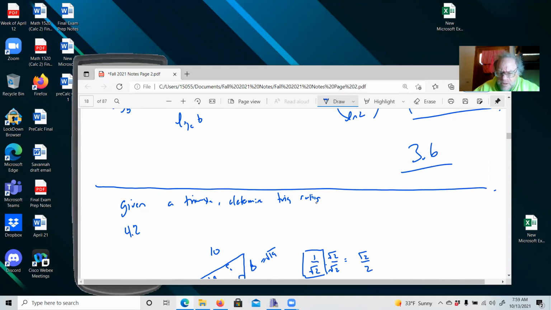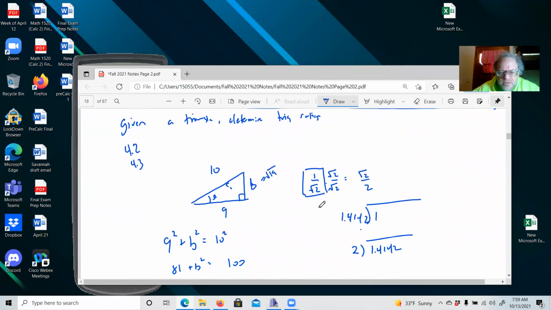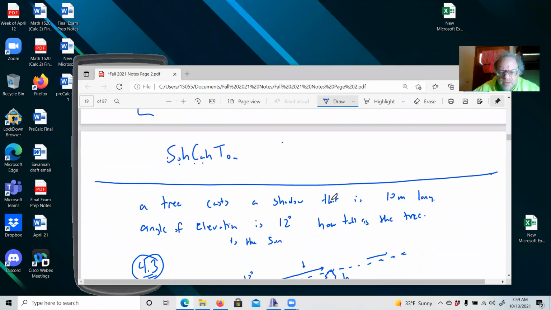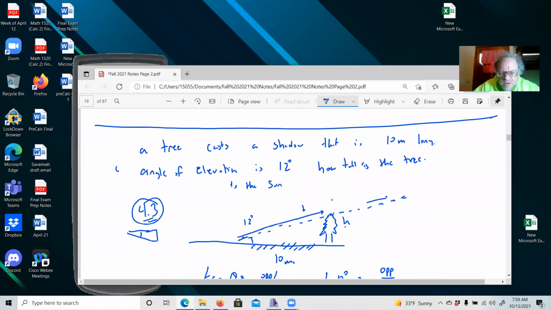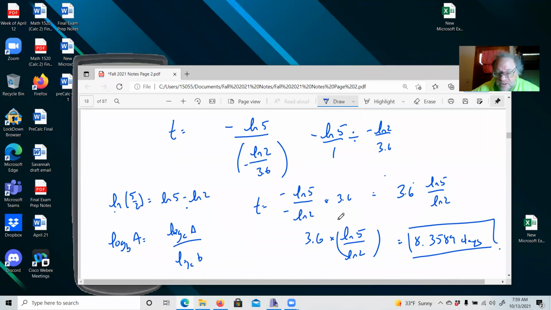Oh, wait, sorry. This second one here, this may have been a 4.4. But the first half of chapter 4 and the last section of chapter 3, that's what you're being tested on. So go back and look at those.